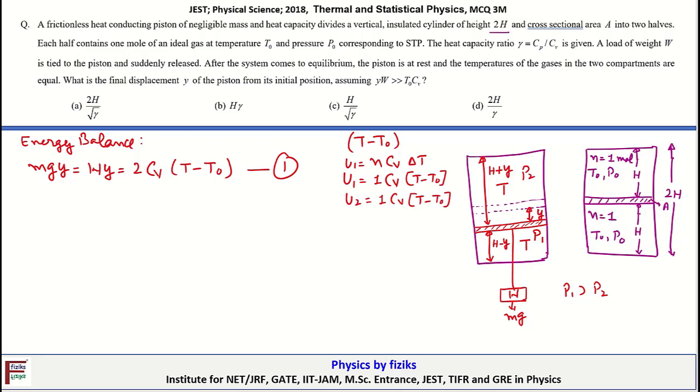exerted by the weight, that is W by A, will be balanced by the pressure difference in the lower chamber and upper chamber, which is P1 minus P2.